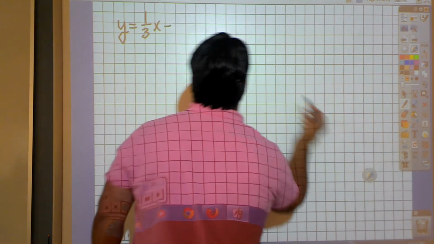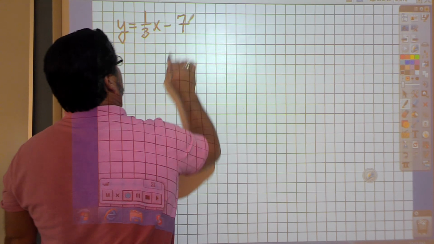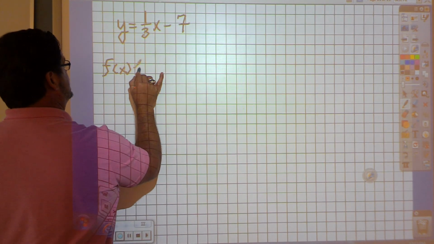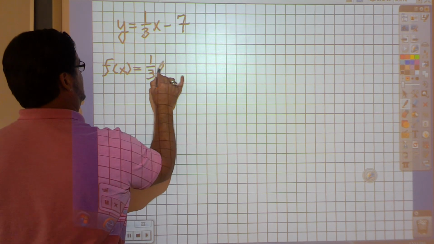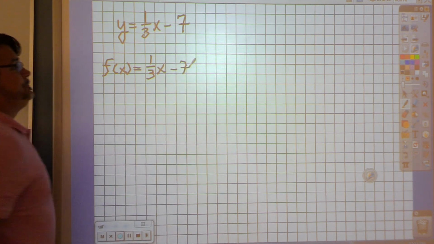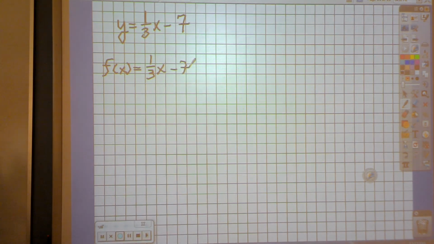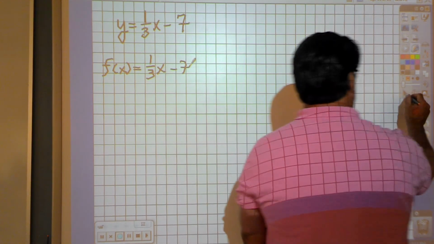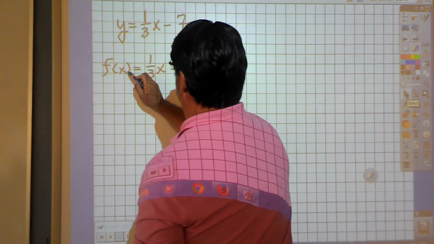And if you don't like that, raise your pinky up and say f of x is equal to 1/3 x minus 7, because aren't they the same thing? They're the exact same thing.